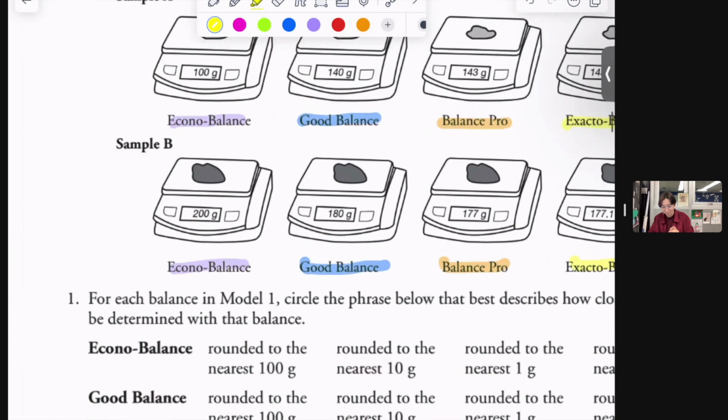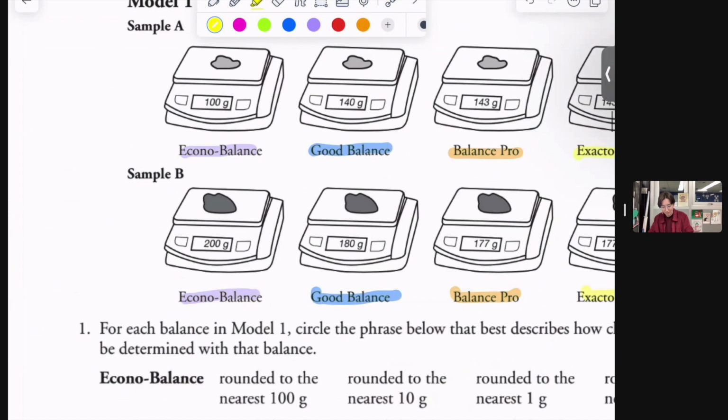Econobalance, let's look at that one first. So for A and for B, we're looking at these numbers. When I measured my rock, how many digits were we able to get with this balance? To what place were we able to measure the mass? So we got 100 grams and 200 grams.